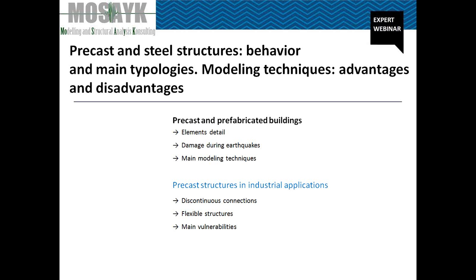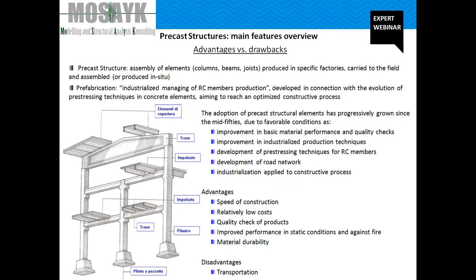In the case of residential buildings, more traditional solutions such as cast-in-place concrete structures and masonry ones are usually used for many reasons. We'd like to introduce the main information on typologies of precast structures and element behavior.